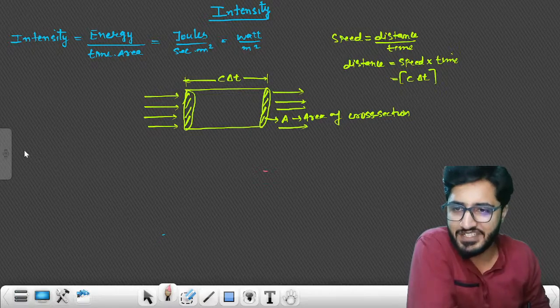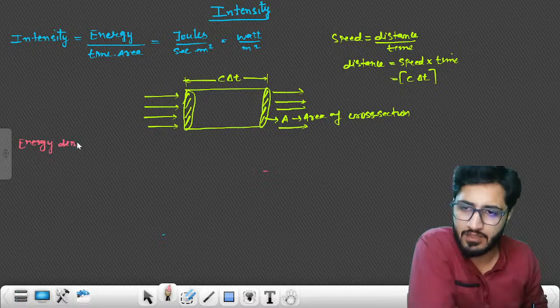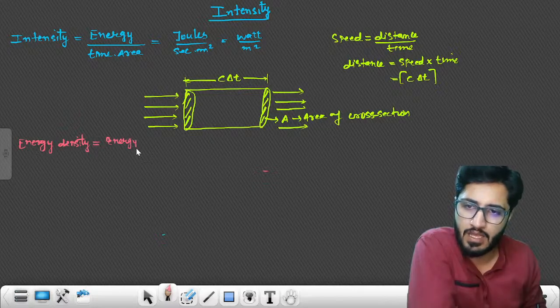What is energy density? Energy density is energy per unit volume. Therefore, what is energy from this formula?